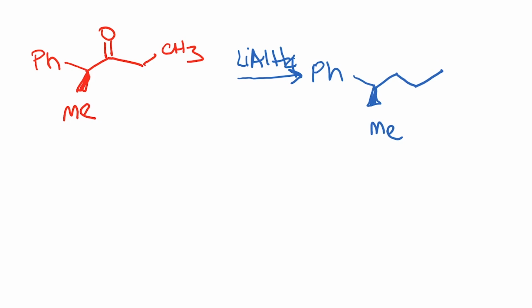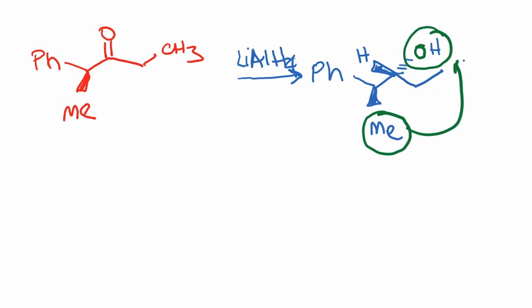the carbonyl over here, and let's say hydride comes from the top face, and so you end up with H. Just to be clear over here, we would call this compound anti, because the two functional groups have an anti relationship to one another.